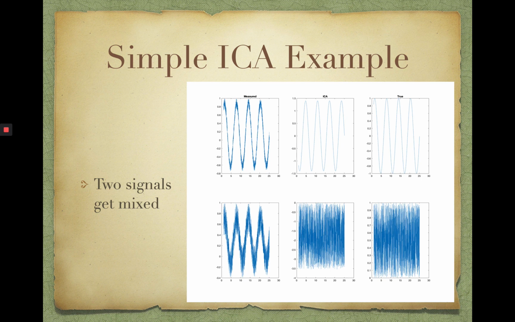Now, when I run this through ICA, you can see I get a sinusoid out. And if you notice, the sinusoid I get is just a negative of the original, and it's scaled a little bit differently. But remember, I said I don't care about the scalings. I whitened it, so I changed the original values. So it's not necessarily as big as it was because I can't get the size.